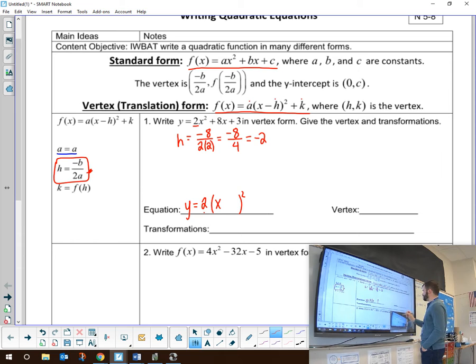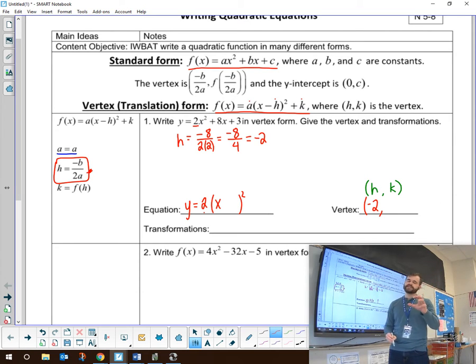So the h in my vertex is going to be negative 2. Remember, this is my h, comma, k. That means inside my equation, we're going to have a plus 2.